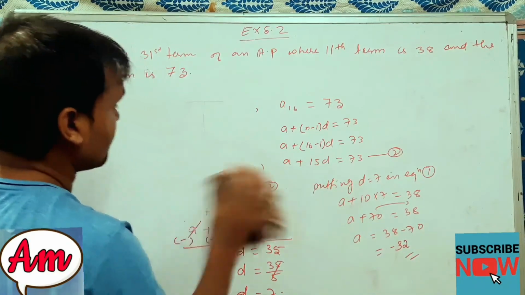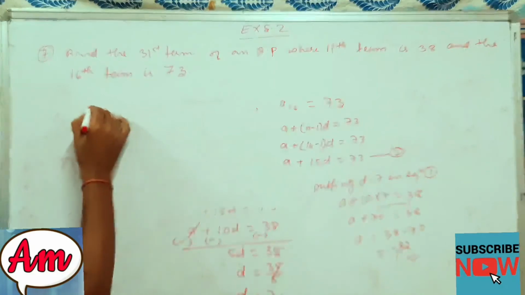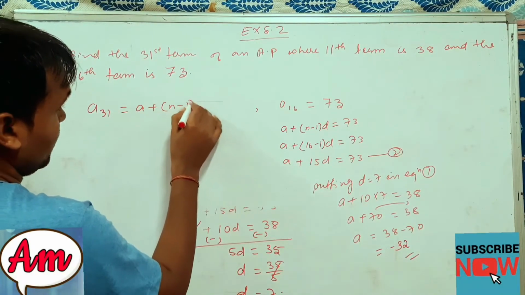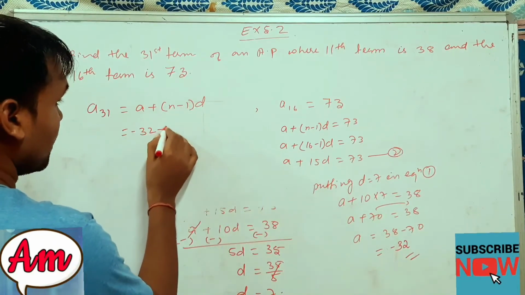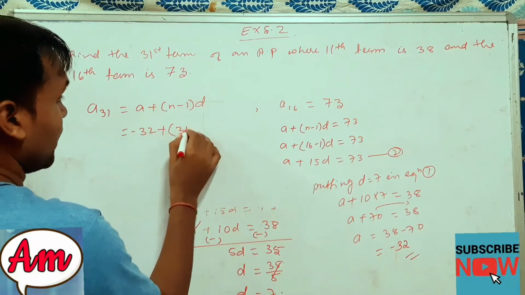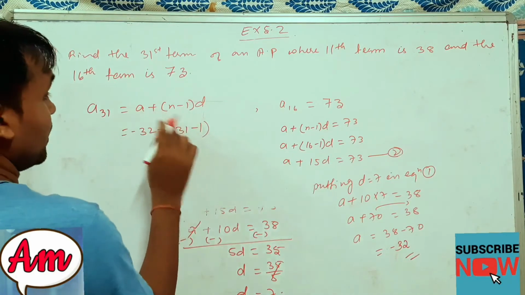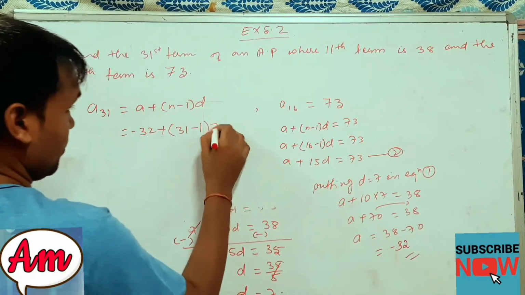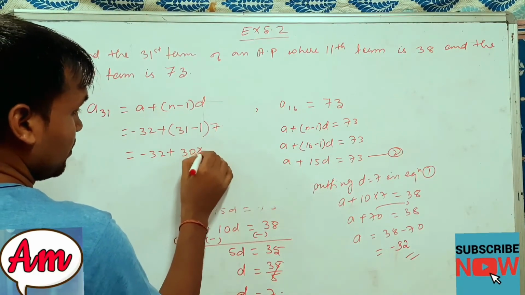Then after this we are going to find the 31st term. So A31 equals a plus (n minus 1) into d. a we got minus 32. n is 31, whatever is given here, that is n. So 31 minus 1, and d is 7.